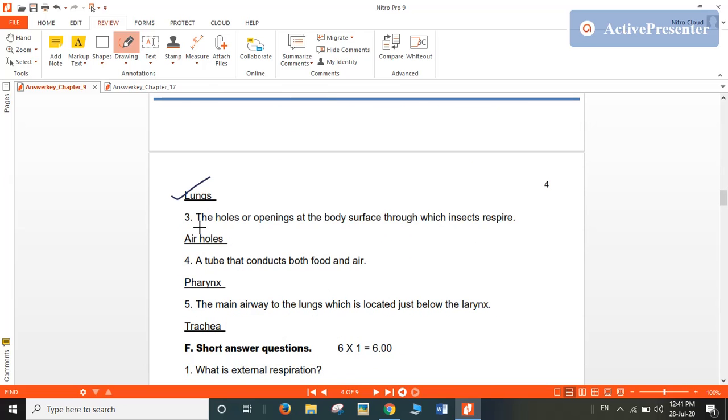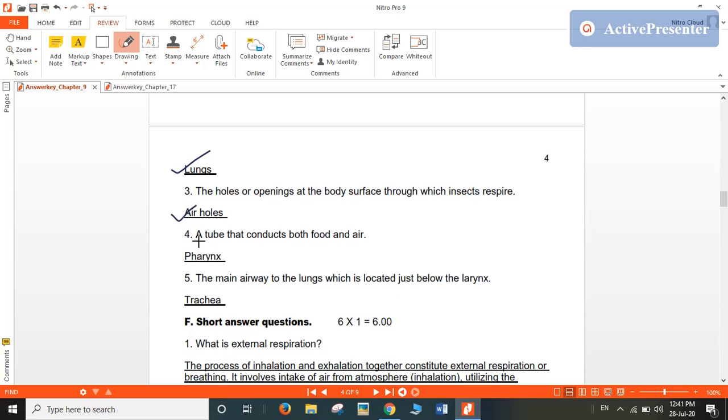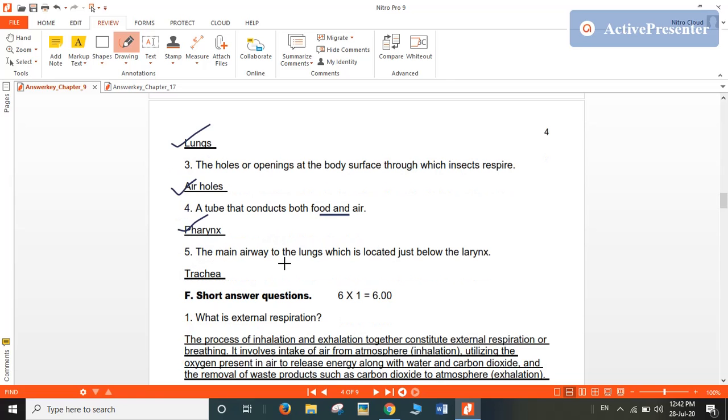Next: the holes or openings at the body surface through which insects respire. They respire through air holes on their body. The tube that conducts both food and air is called the pharynx. The main airway to the lungs, which is located just below the larynx.